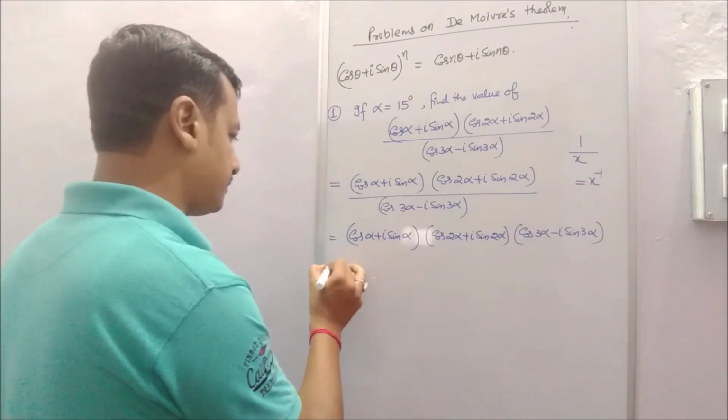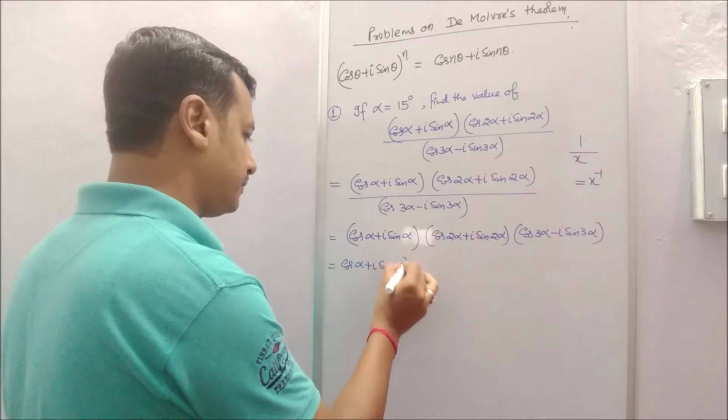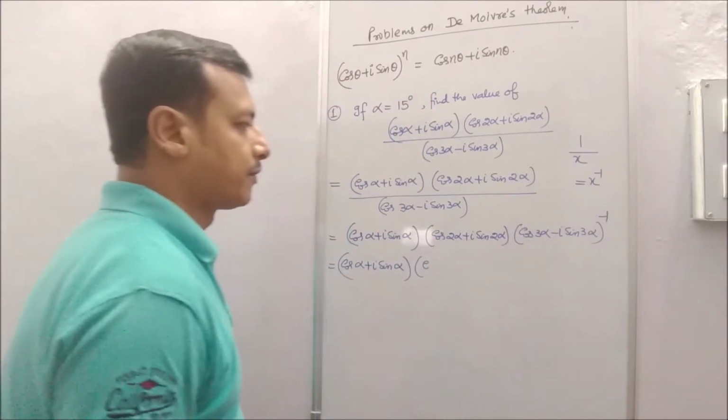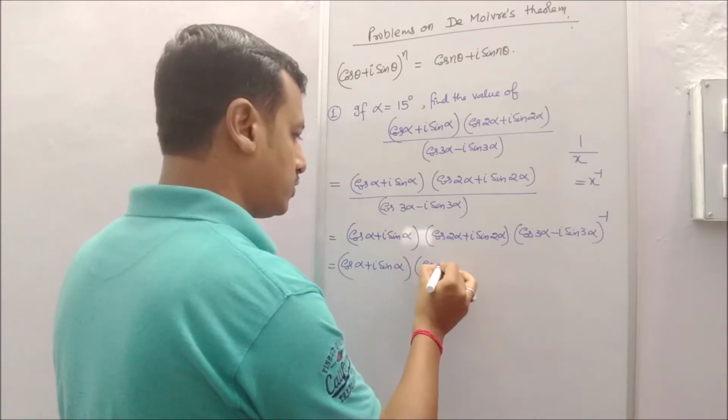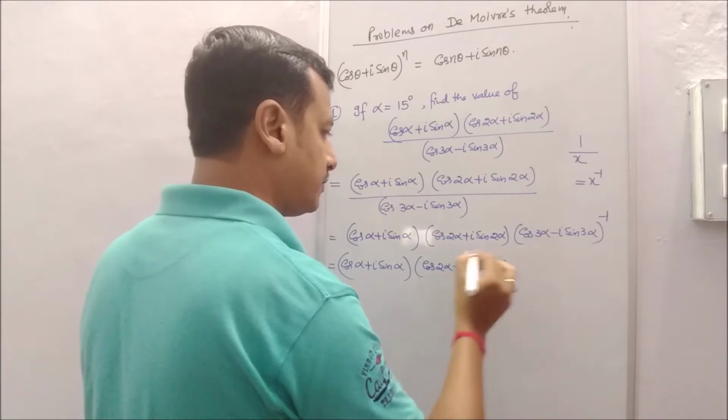Next, (cos alpha plus I sin alpha) to the power minus 1, (cos 2 alpha plus I sin 2 alpha).